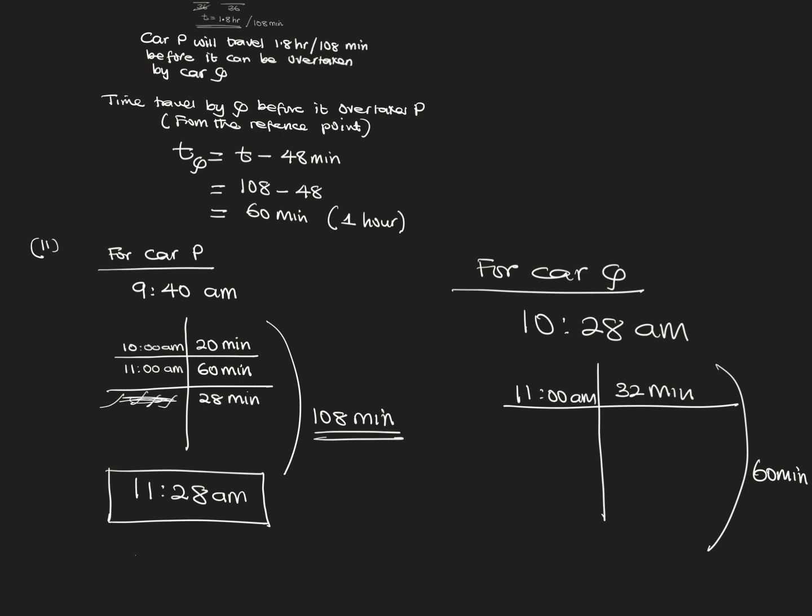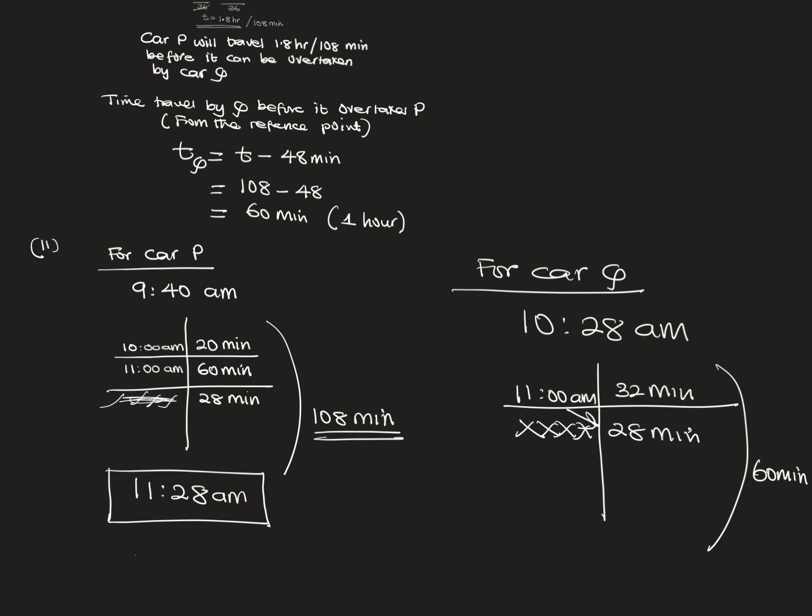Okay, so if 32 minutes is removed from 60 minutes, how many more minutes are we left with? That will be 60 minus 32. That will be 28, right? 28 minutes will be left. So because the 28 is less than 60, it means that 12 o'clock has not been reached.